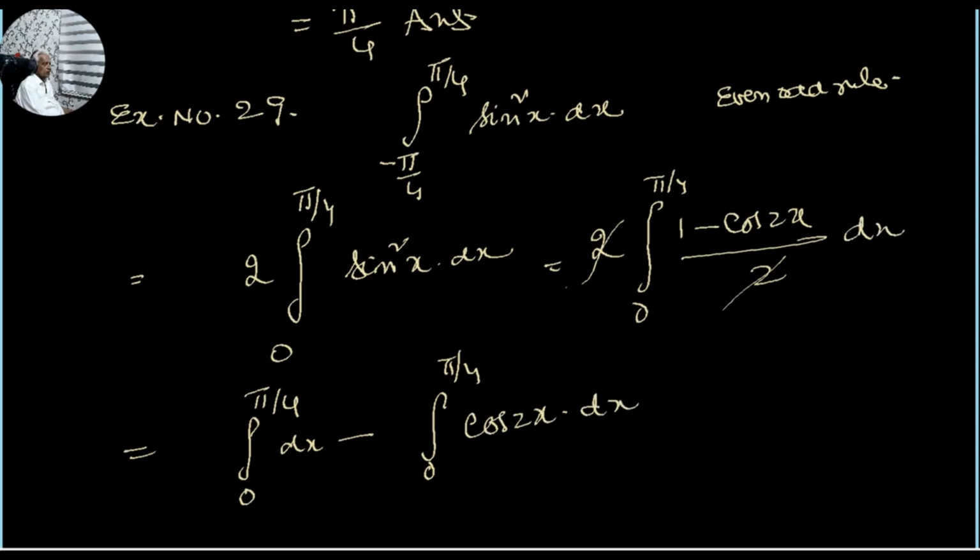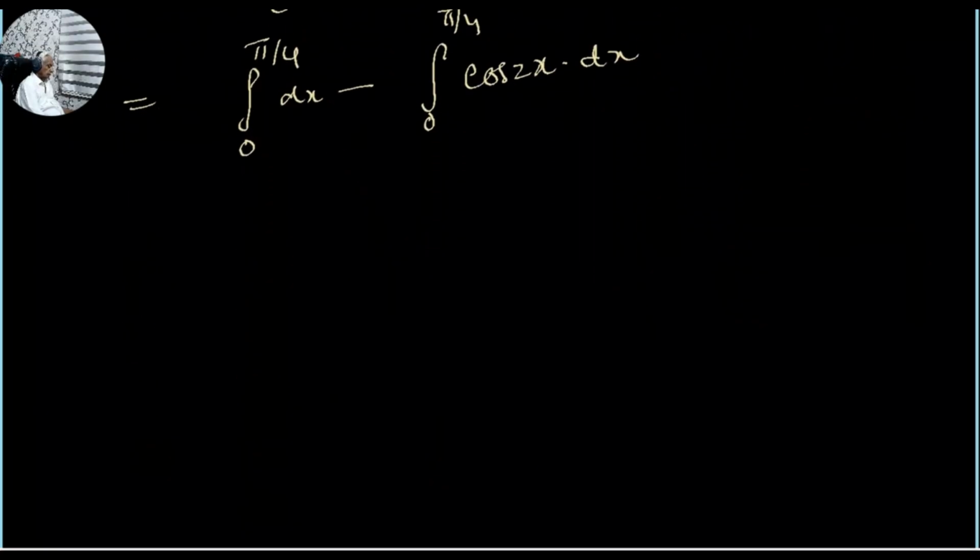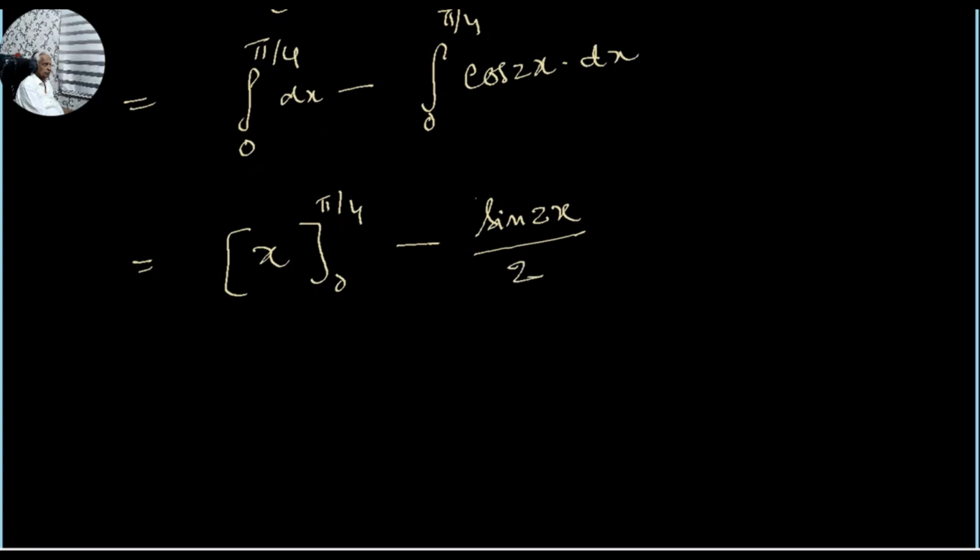Here, integral of dx is x, minus, if you integrate cos 2x, you will get sin 2x, divided by the coefficient of 2x, which is 2. This is also from 0 to pi by 4.